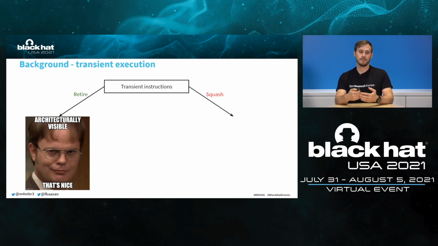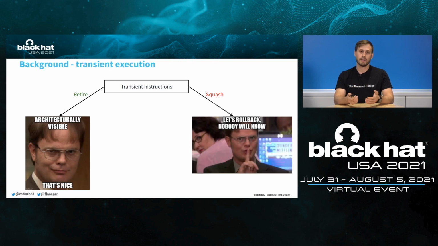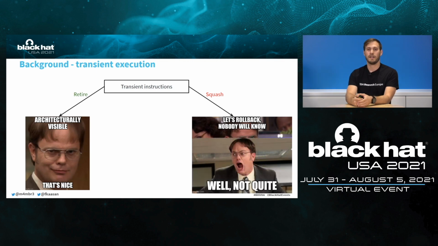That means the CPU has decided that the guess it employed was not correct, and these instructions are not needed anymore, so it will try to roll back all the side effects that these instructions have left in the backend of the CPU. The problem is that this rolling back of the microarchitectural state is not complete, and this allows for the possibility of attacks.